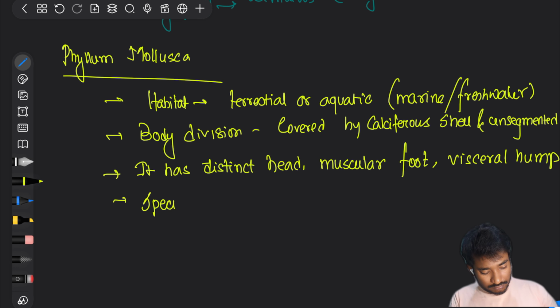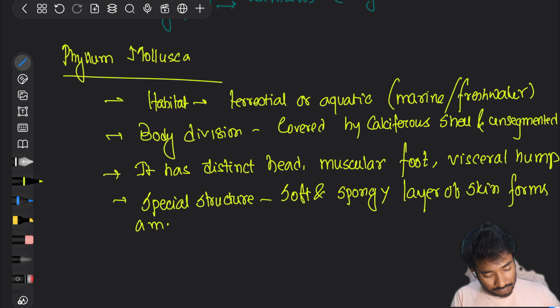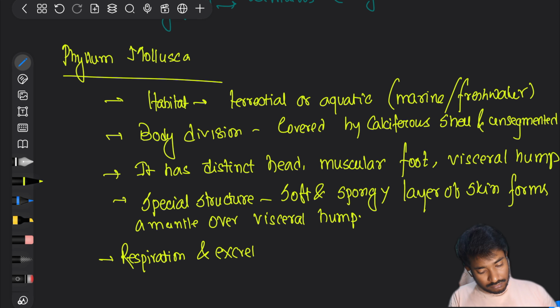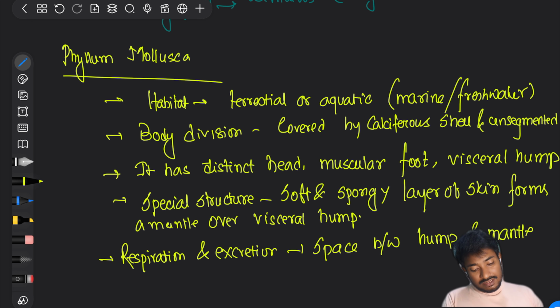Special structure: soft and spongy layer of skin forms a mantle over the visceral hump. Respiration and excretion: the space between the hump and mantle has feather-like gills which perform respiration and excretion.